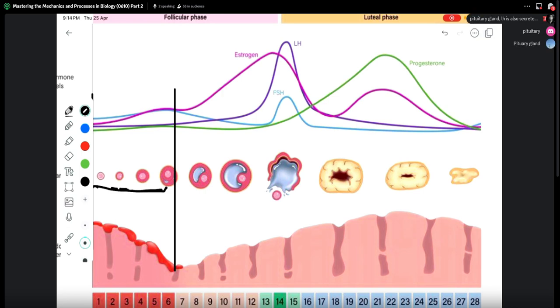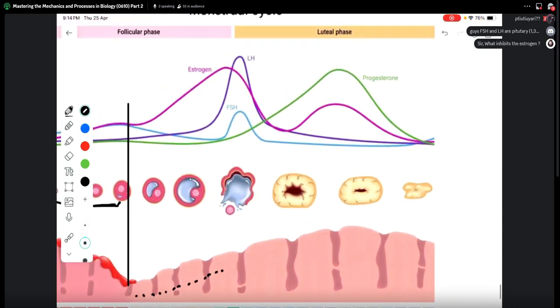Once it is developed, the follicle will automatically secrete the estrogen. The estrogen will start to thicken the uterus lining. All right, now I'm done with this. You can see the estrogen level goes up, and the FSH level is also quite high.